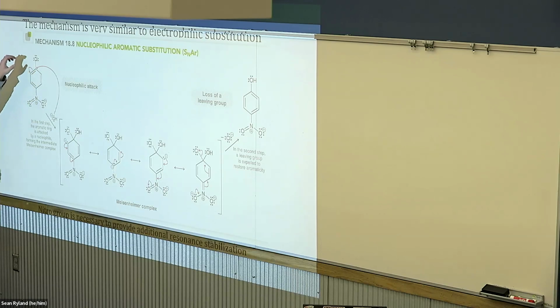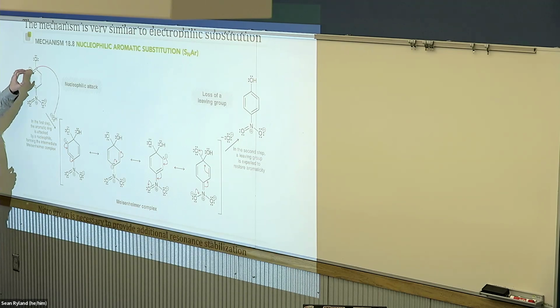Plus, as long as your leaving group is in the ortho or para position, once your nucleophile attacks and you make an sp3 carbon temporarily, we wind up with something really similar to a sigma complex. It's called a Meisenheimer complex instead of a sigma complex, because it's a negative charge resonating around instead of a positive charge. But it looks really similar, right?